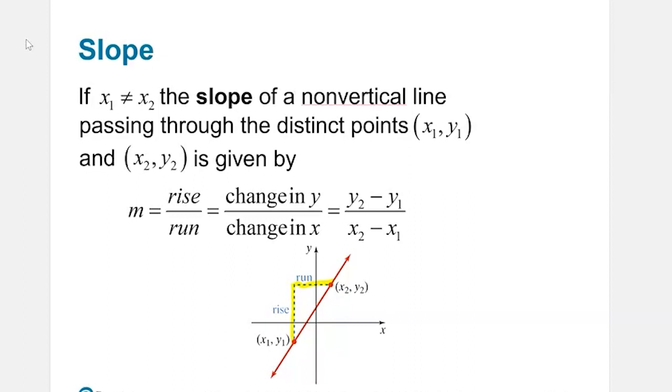And the change is going to be the distance between those 2 points, right? Because you can even see it here. Y2 minus y1 would give you the length of that line. And x2 minus x1 would give you the length of that line, okay?